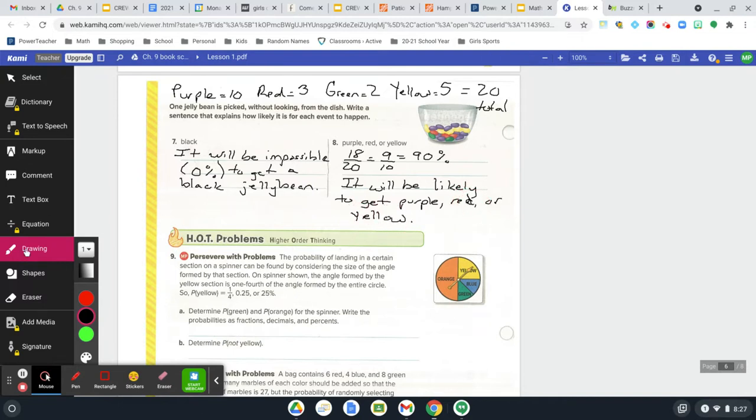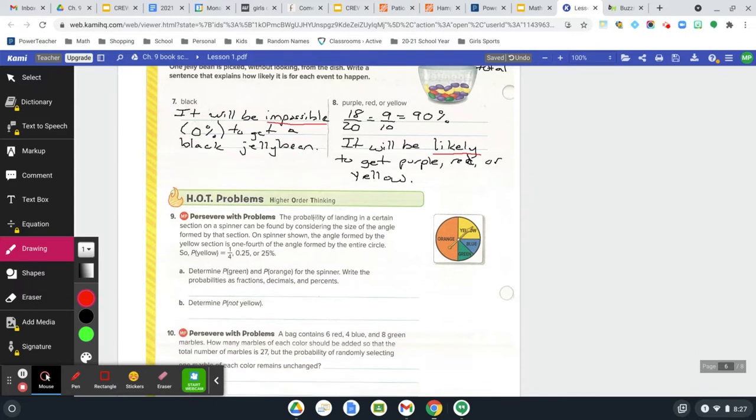Okay, so really, I'm going to underline here, we're looking at, with these probabilities, when we explore it and talk about it and find those probabilities, we're looking at the likelihood, okay? And so again, going back to that number line, we talk about something being impossible at 0%, and we also talk about here in number 8 something likely to happen close to 100%.